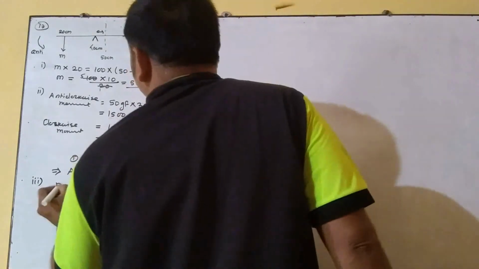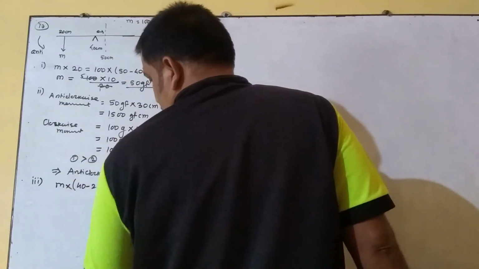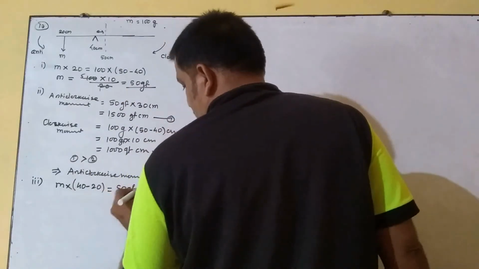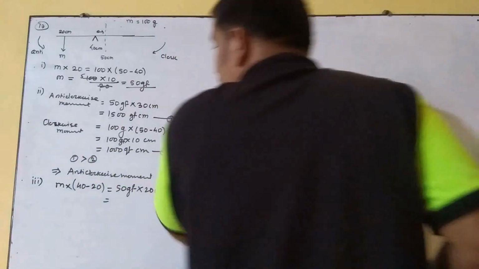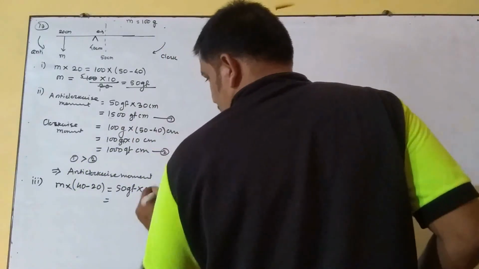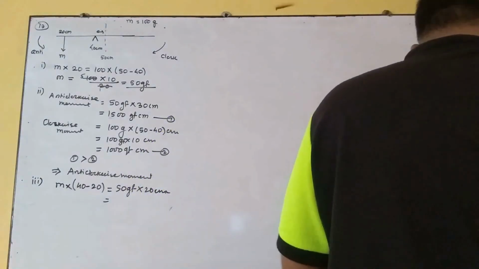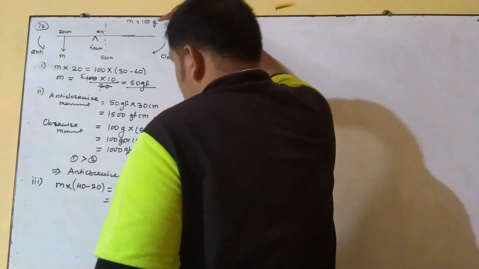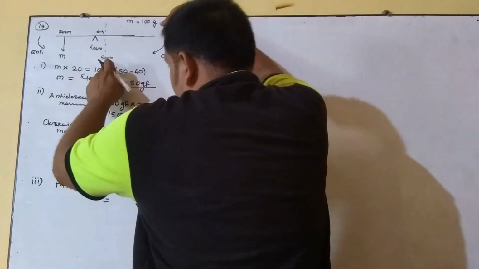Mass into 40 minus 20, that is equal to mass of 50 GF multiplied by 20 centimeter, not GF, it is distance, and that is equal to the mass of the ruler, which balances at 50 centimeter, no?